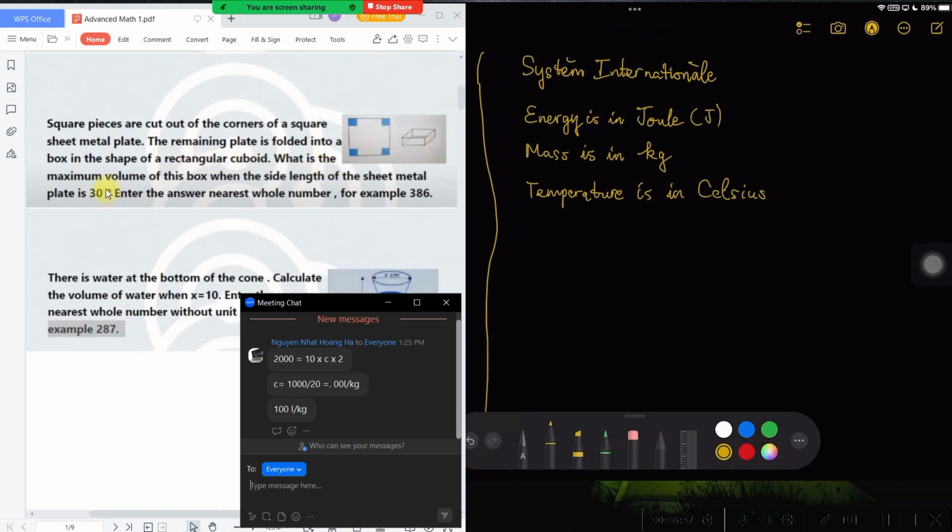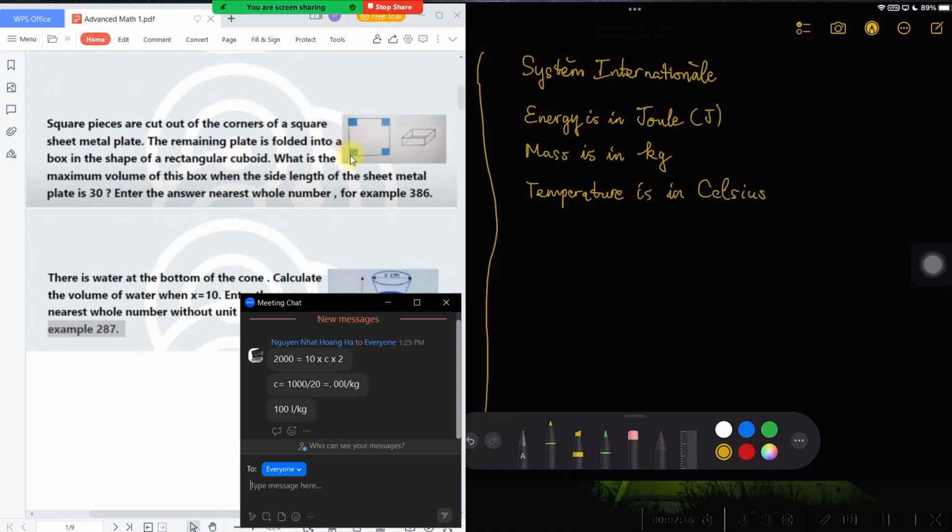What is the maximum volume of this box when the side length of the sheet metal plate is 30? Enter the answer nearest whole number. For example, 386. Bây giờ nó hỏi là cái thể tích lớn nhất của cái hộp này khi mà độ dài của một cái cạnh của cái sheet metal plate là 30.